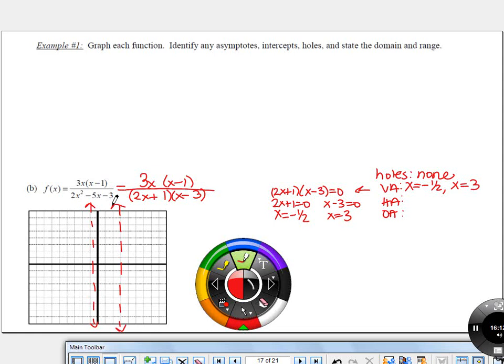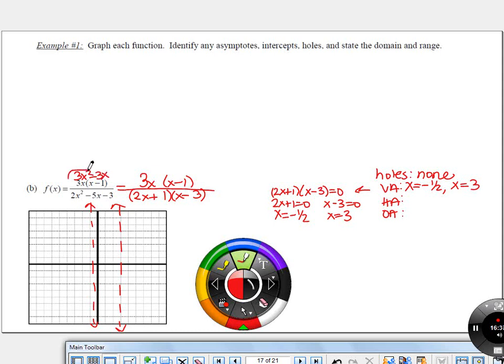And then again we're going to choose. There's not going to be both horizontal and oblique asymptotes. There's going to be one or the other, and that's going to be based on the degrees of the numerator and denominator to determine how that function grows. So when I look at this function, if I had multiplied everything out, the degree in the numerator would be the same as the degree in the denominator. Like this would say 3x squared minus 3x.